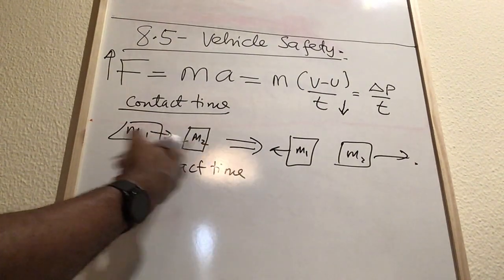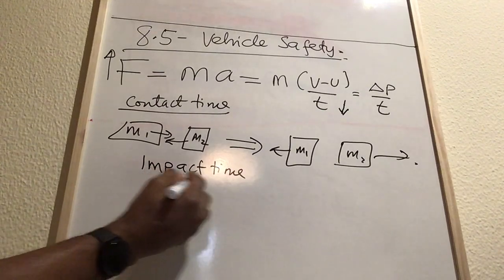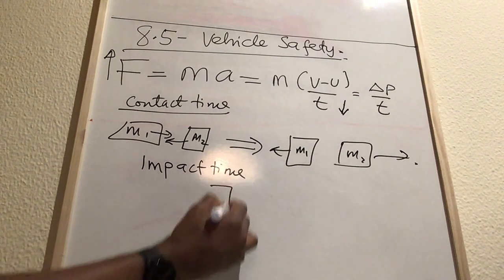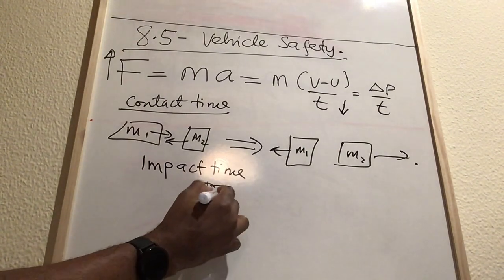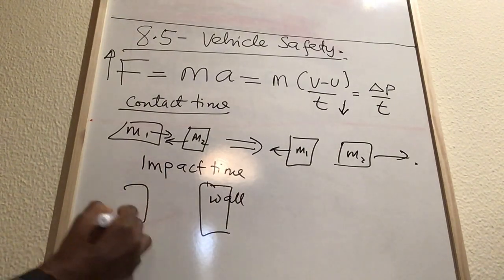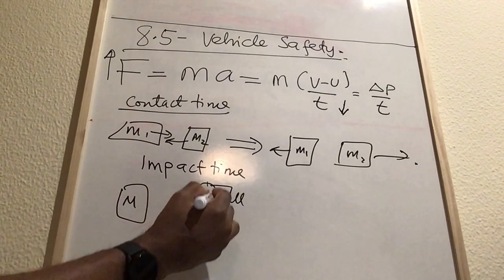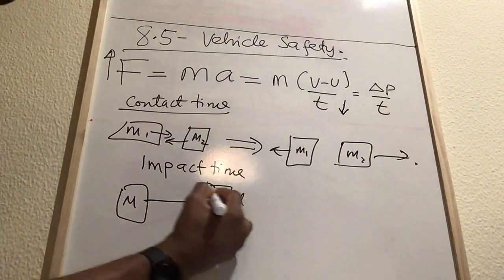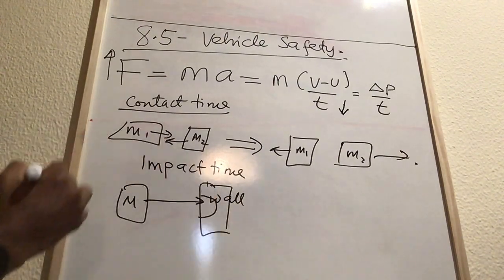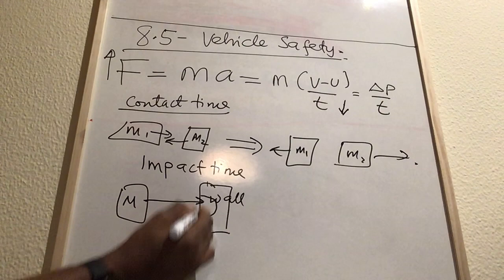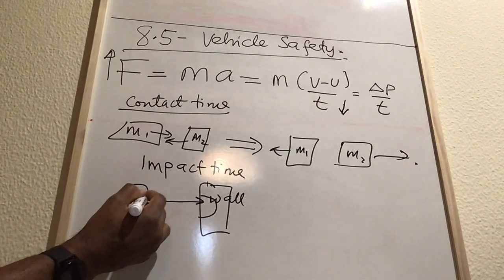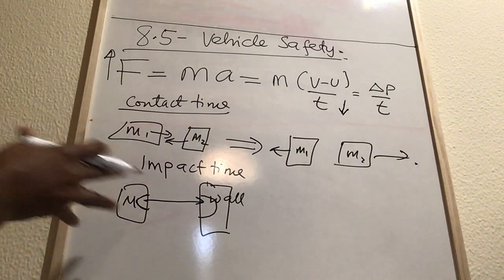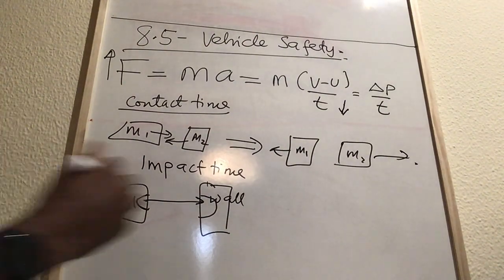is after the impact between the two, if one of them then gets stuck into the other. Let's say there is a wall, and then there is a moving car that now hits the wall and pushes the wall in, or the wall, as a result of the impact, creates a kind of dent within the car.